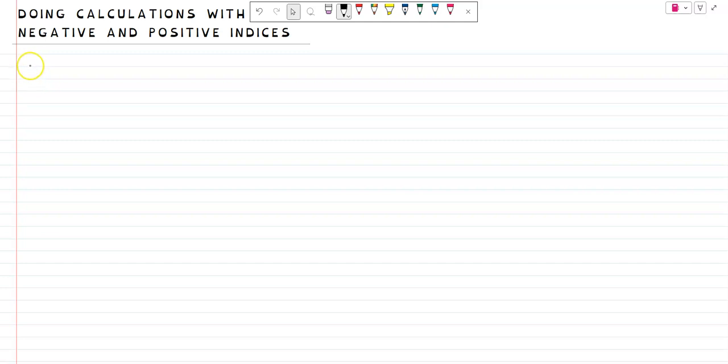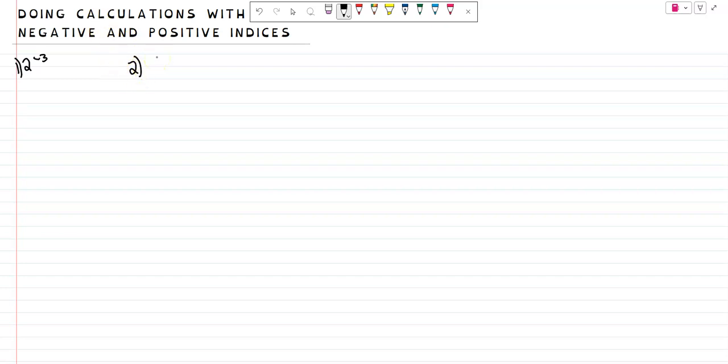Okay, so let's look at our first equation.